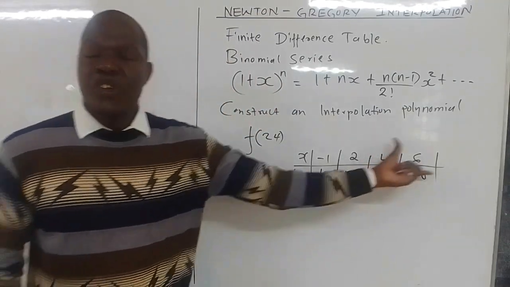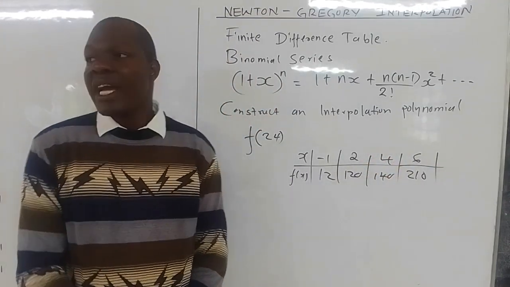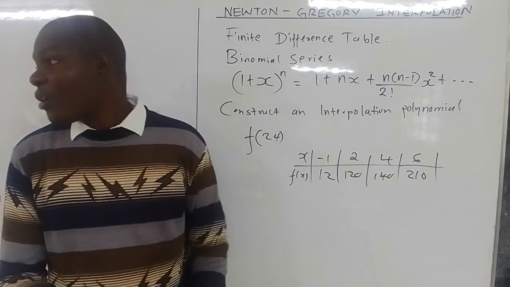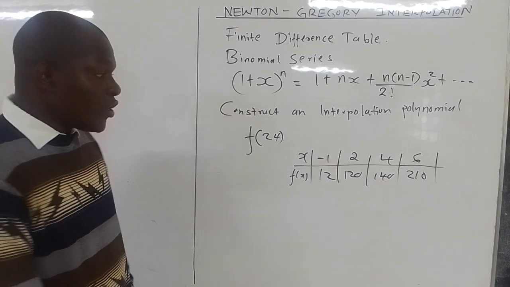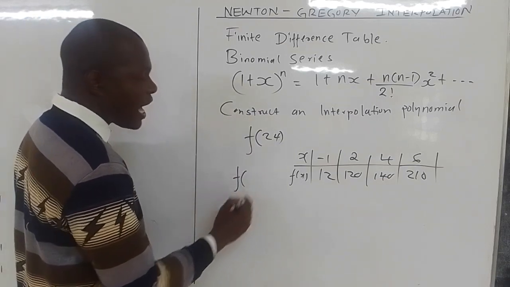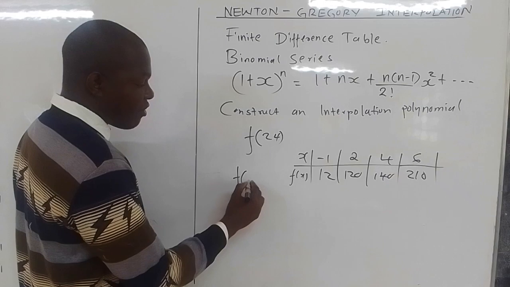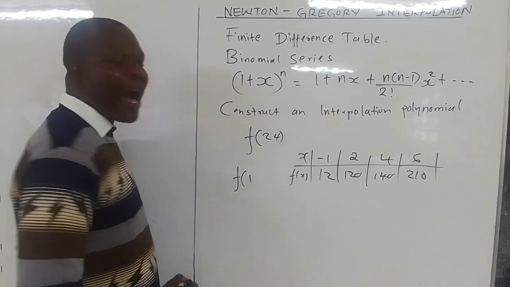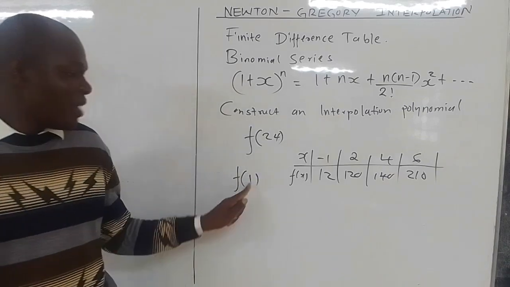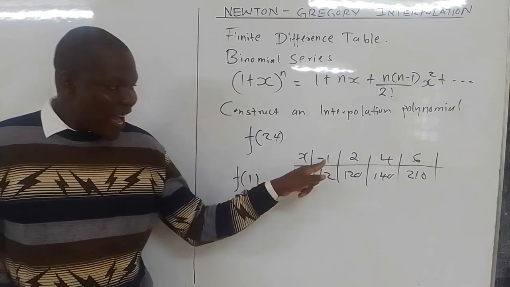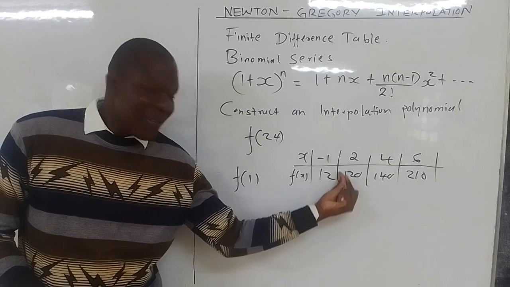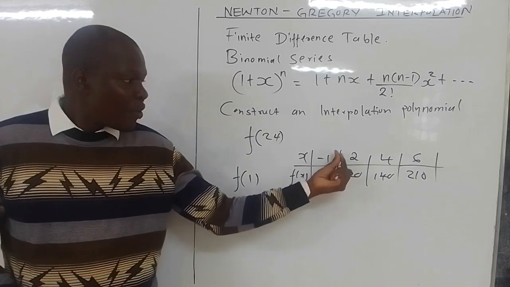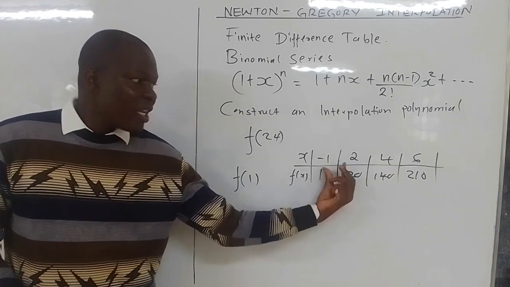You've been told this is maybe a cubic polynomial, something of that kind. Then you'll be told to evaluate maybe f of 1, meaning when x is 1. You can see 1 is between -1 and 2, meaning the value x is 1 is in between here, isn't it? So how are you going to evaluate when the x value is in between?